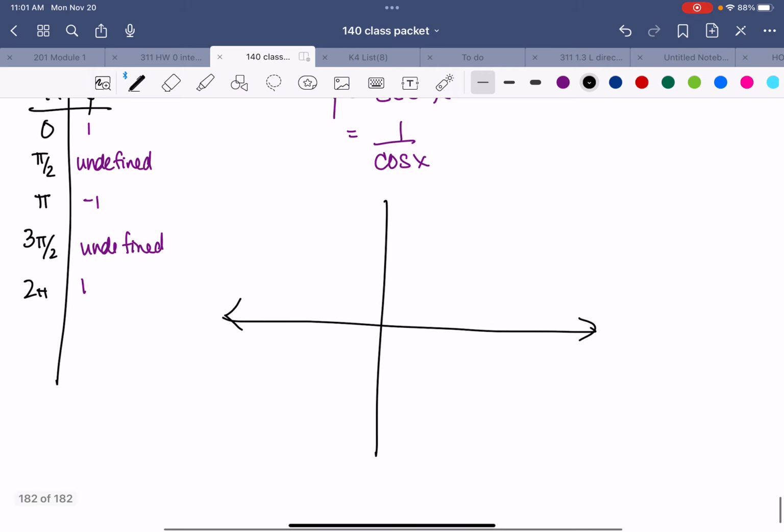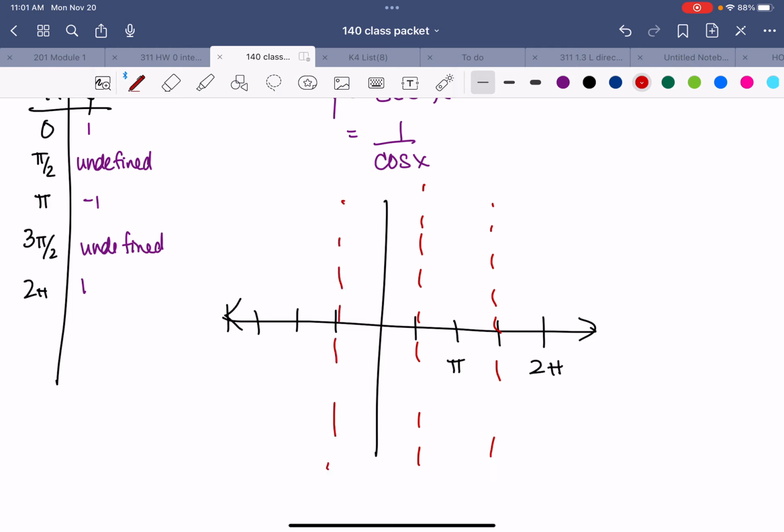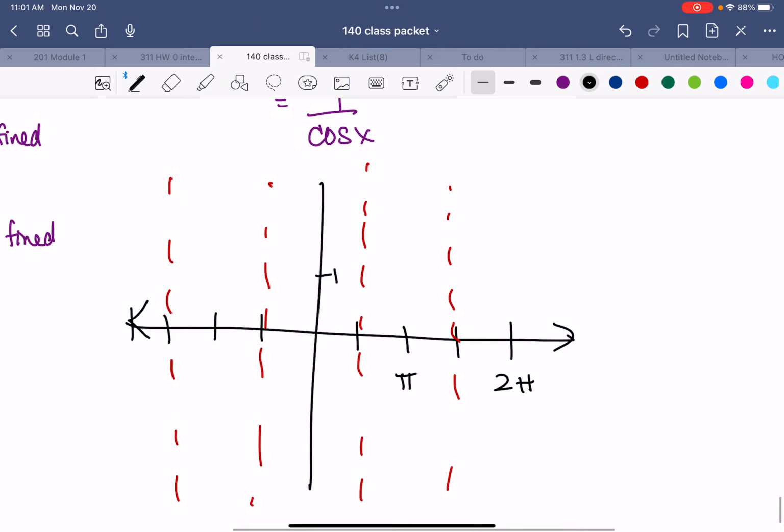Okay, and what that's going to look like is slightly different than secant and tangent. Same kind of ideas, but a little bit different. So pi and 2 pi. And our asymptotes this time are going to happen at pi over 2 and 3 pi over 2. But instead of going through 0, now at 0 we get 1. So we get this point, and at pi, we get this point.